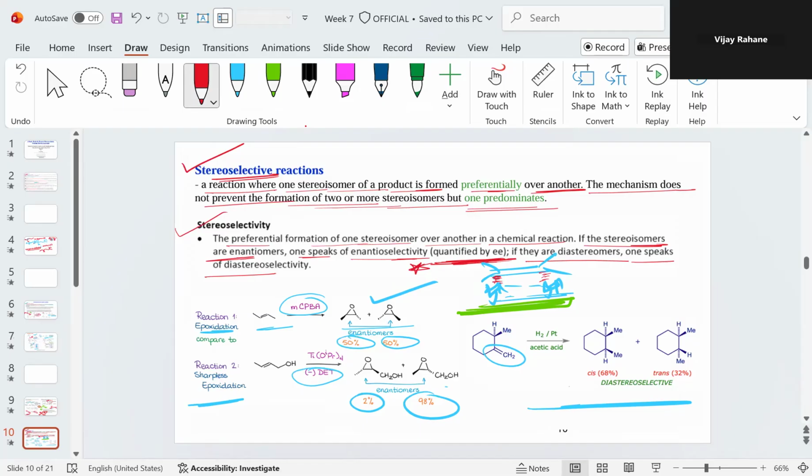But in this case, if you look at the mechanism, this addition of the hydrogen takes place on the syn side. But if you look at the starting material, it has the bulky methyl group. So the steric crowding will be there. And therefore, these two hydrogens will come from the downside, right? So that's why this product is the major one and another product will be minor. And this is an example of diastereoselectivity.